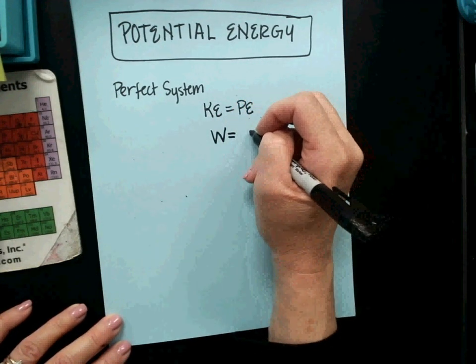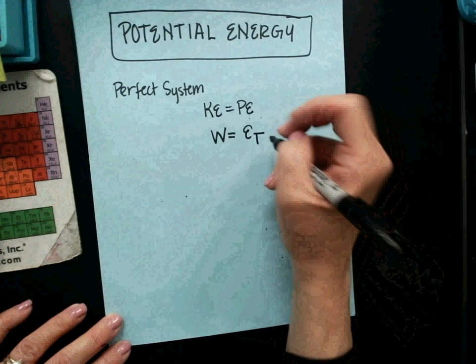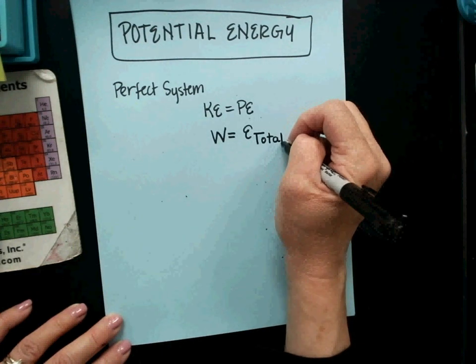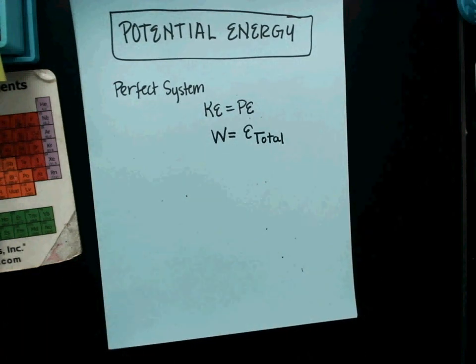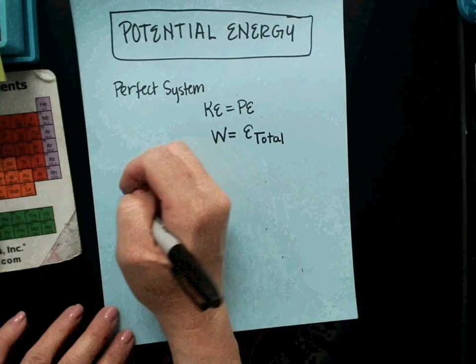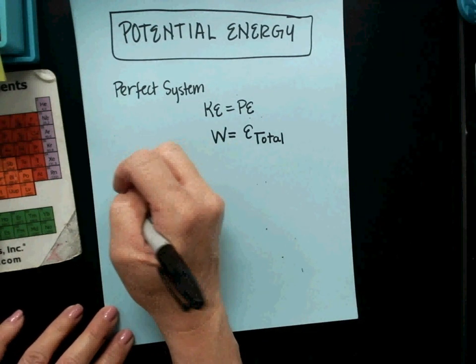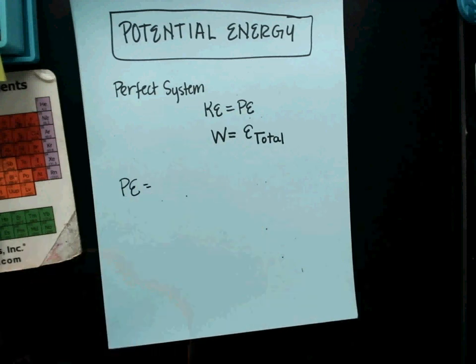I also can say that total work can be set equal to total energy. Things we have to remember when we do problems. Again, those are both in a perfect system. And we'll use them later.